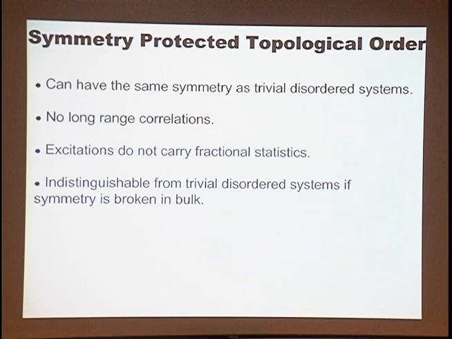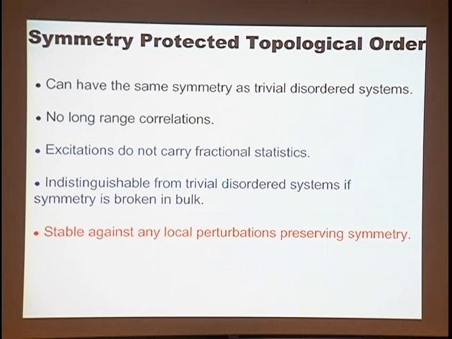It's indistinguishable from a trivial disordered phase if the symmetry is broken in the bulk. Just like a topological insulator, if we break time reversal and U(1) symmetry, it's completely trivial. But the most important part is that it's stable against local perturbations preserving symmetry.